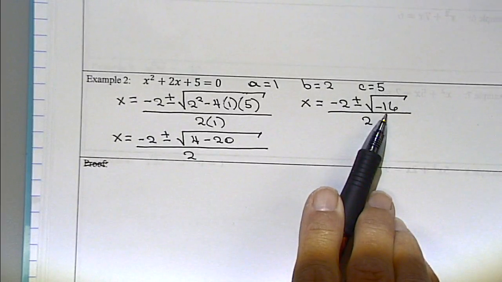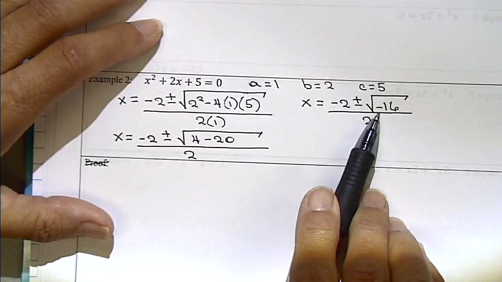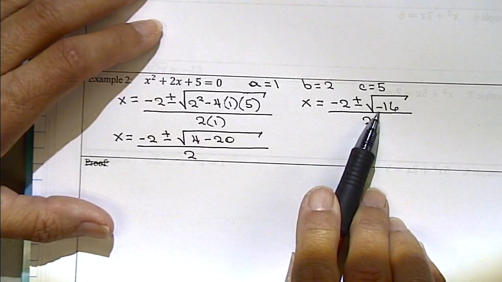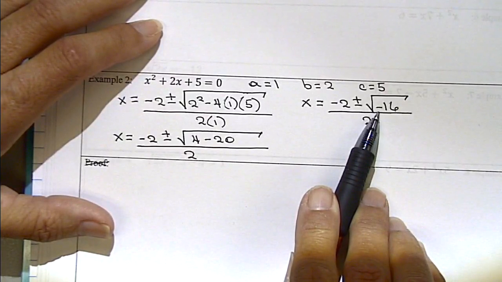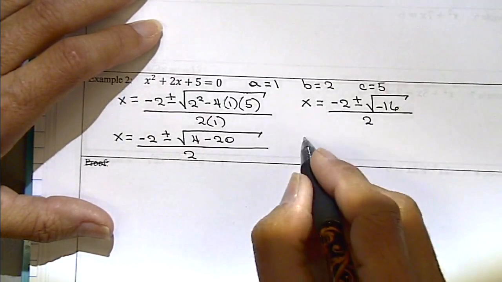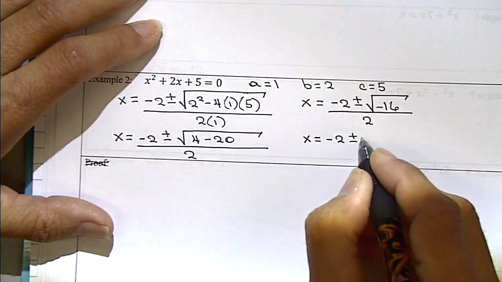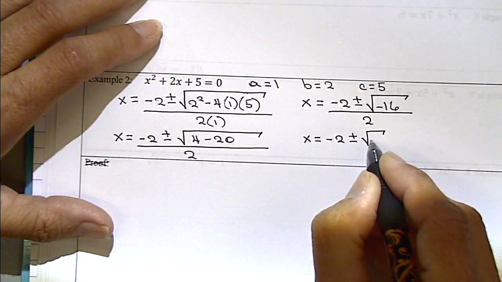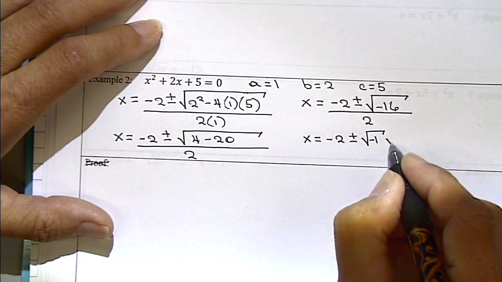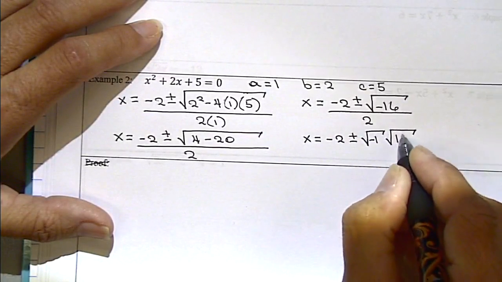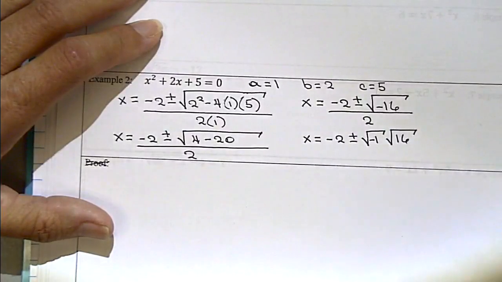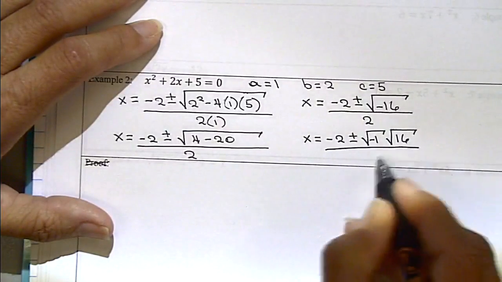So it's different. Now look, we know the square root of a negative 16 is really not a real number, so we're going to have to pull an imaginary square root of negative 1 out of that, right? So what we really have here is x is equal to negative 2 plus or minus, and I'm going to split it. I'm going to say that's the square root of negative 1 times the square root of 16. You can put it right under one radical if you want to, all over 2.